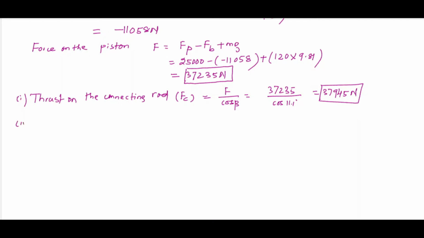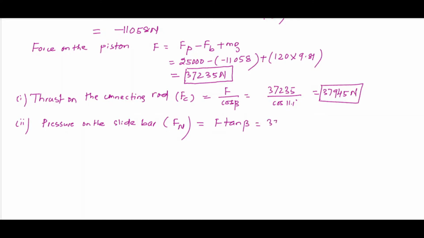Then next is to find out the pressure on the slide bar. That means we have to find out Fn, the normal force acting on the cylinder. This is same as the slider. So this Fn will be equal to F tan beta.